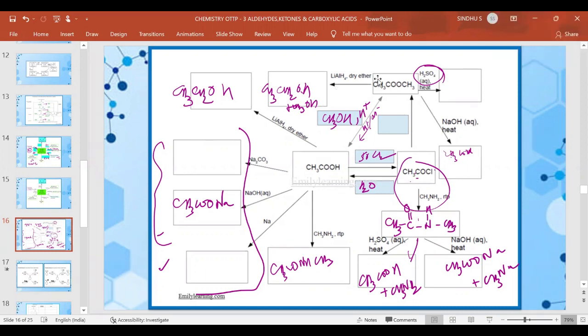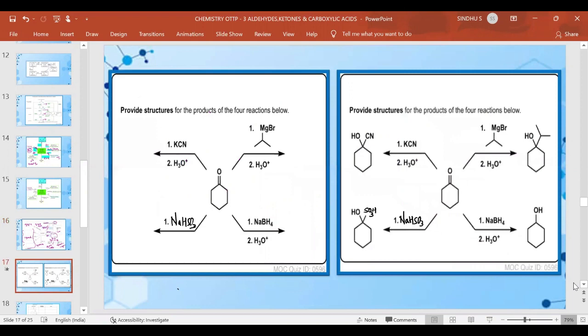Usually DIBAL-H is used, as it is more selective. Esters and nitriles with DIBAL-H stop at aldehydes. Esters to alcohol will be lithium aluminum hydride.